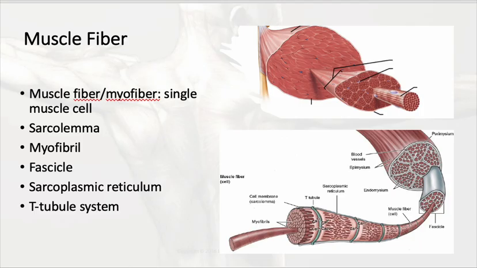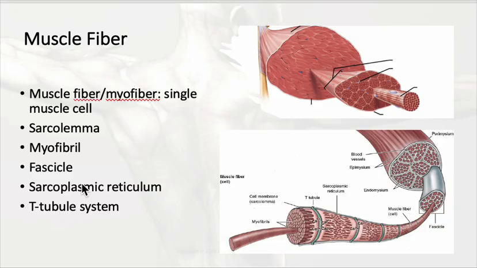Now, at the cellular level, we can look at the individual structures that make up a muscle fiber. So here we have now zoomed into a single muscle fiber. And a muscle fiber is a single multinucleated muscle cell. It's encapsulated by the sarcolemma, which is the specialized plasma membrane of a muscle fiber. And within is the sarcoplasm.